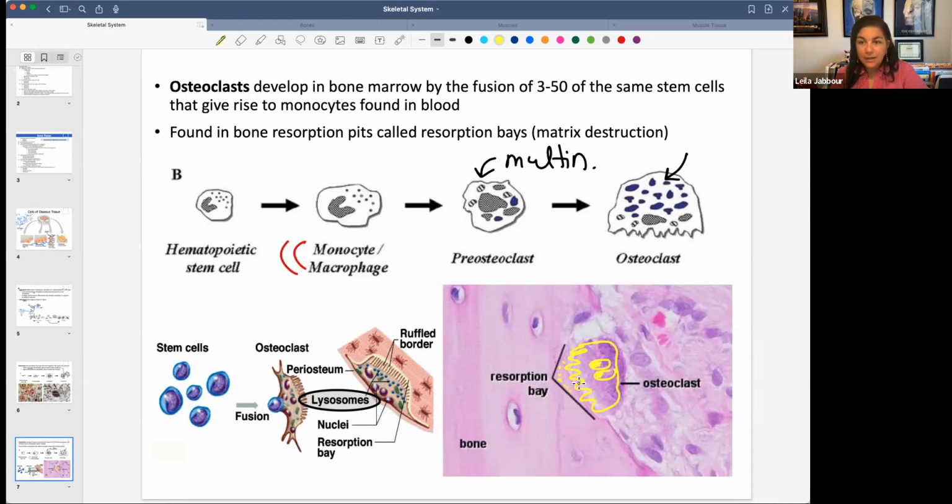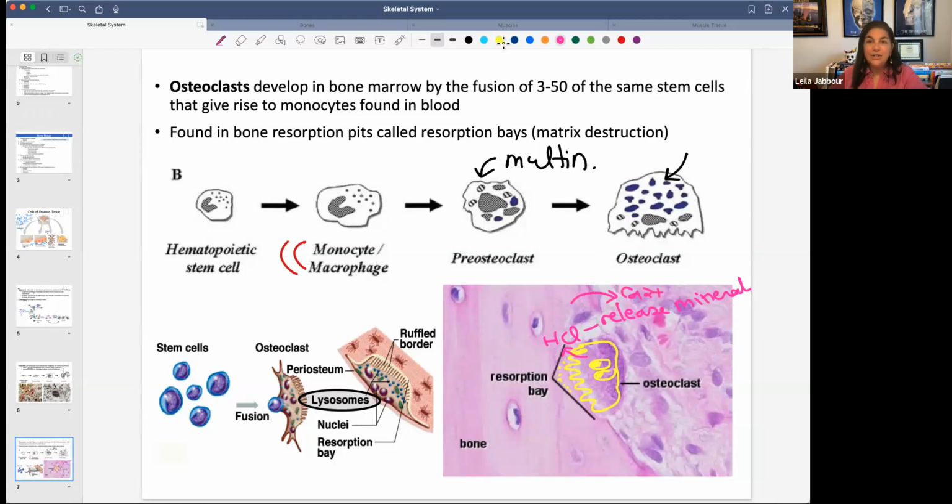Also, what is released in the resorption bay is hydrochloric acid. Maybe I'll do it in pink. Hydrochloric acid is also another substance released by osteoclasts, and it's going to help release minerals, for example, calcium.